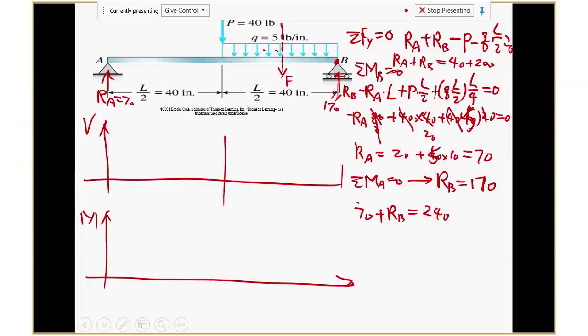All right. Okay, V starts at 0. Once you start at 0, what do you see here at point A? You see RA 70. That's an arrow pointing upward 70. So we should jump 70, right? Make force jump. So jump up 70. So here is 70.